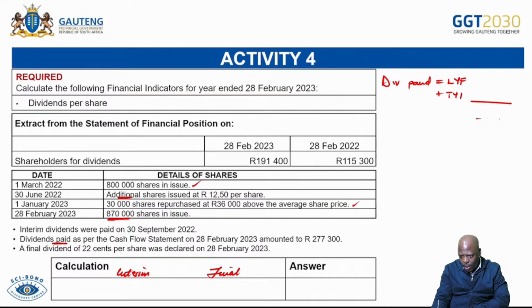And in total, we are told the dividends paid as per the cash flow is 277,300. And which of the figures can we get here? We know already that we have last year's final. Last year's final is 115,300. So I can get this year's interim.